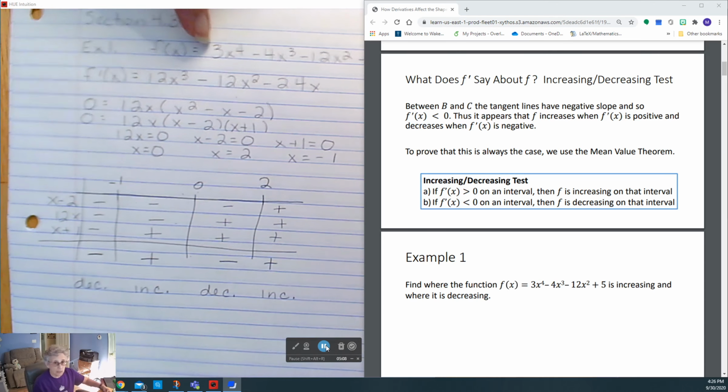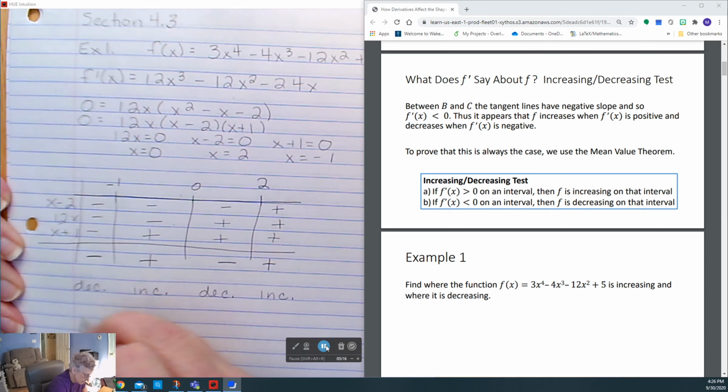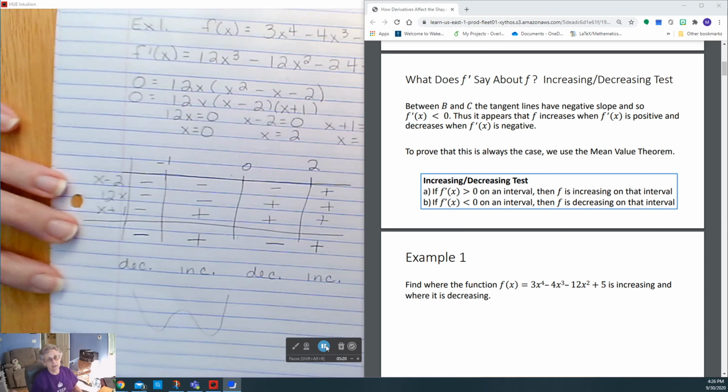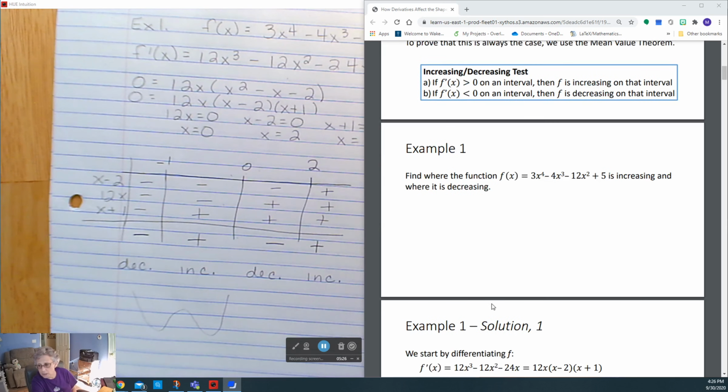There, now I can point at it, a fourth degree polynomial with a positive leading coefficient. That means its ends go up, so it's decreasing, then it's increasing, decreasing, then increasing. It looks something like that, except a lot more precise.